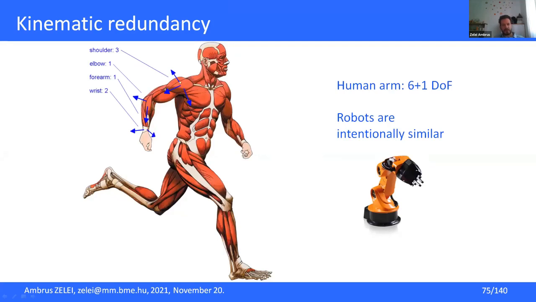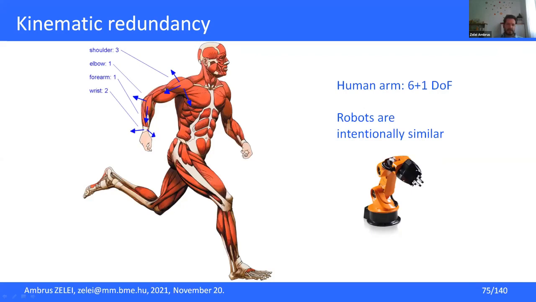The shoulder represents 3 different rotations. The elbow can be rotated along one axis. The forearm is able to rotate along the y-axis, and the wrist has 2 further degrees of freedom. So finally we end up with 7 degrees of freedom for each human arm.